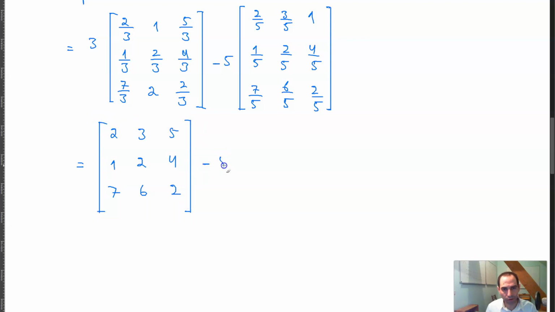And minus 5 times 2/5 is equal to 2, 3, 5, 1, 2, 4, 7, 6, and 2.